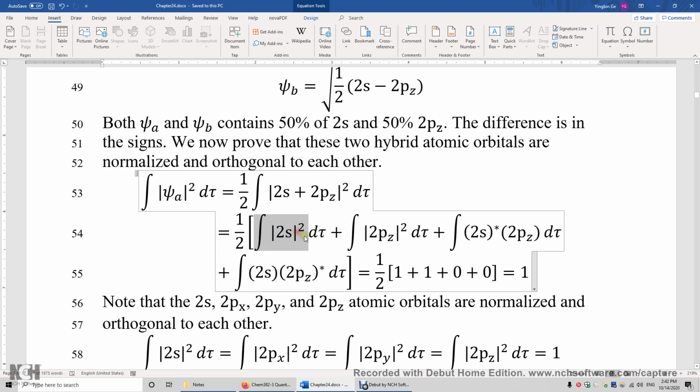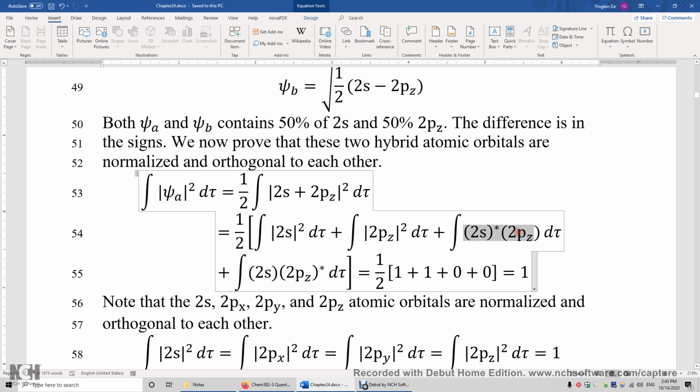Again, this 2s is normalized. 2pz is normalized. The 2s atomic orbital and the 2pz atomic orbital are orthogonal to each other because this one is symmetric with respect to z. This one is antisymmetric with respect to z.